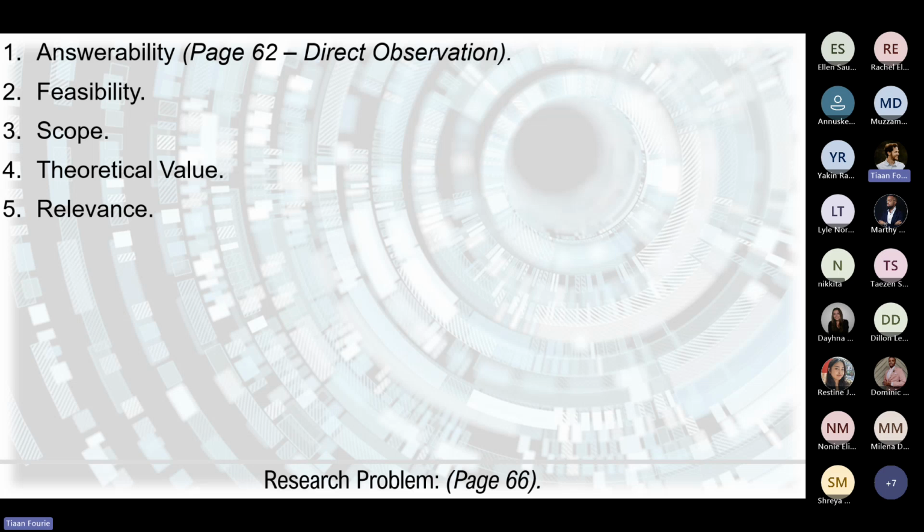So starting with answerability, is it actually researchable through observation? If you were to actually interview people, or send out questionnaires for people to answer, is your research problem and your research question actually answerable?